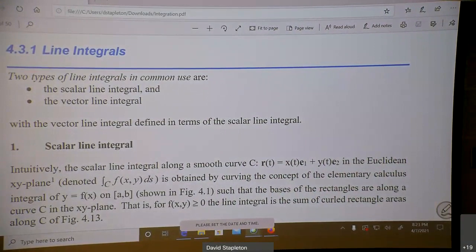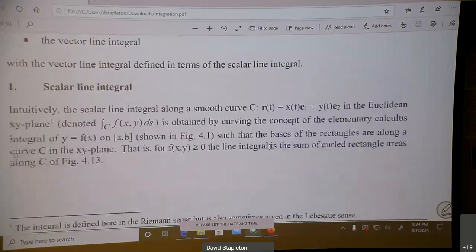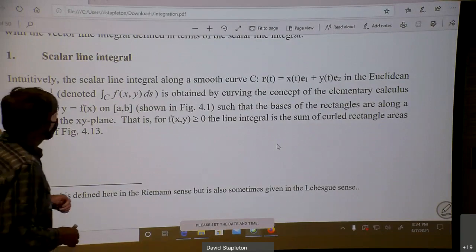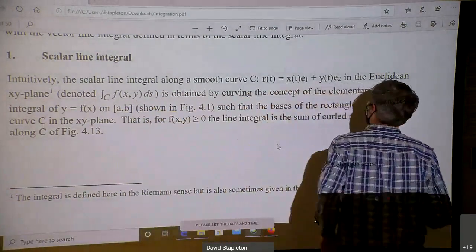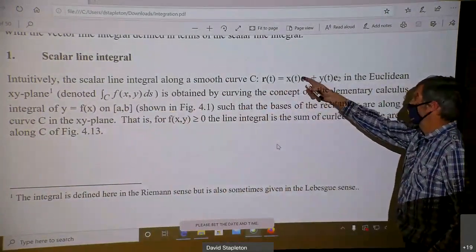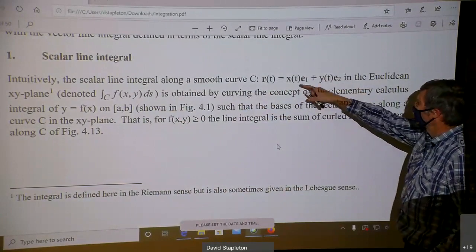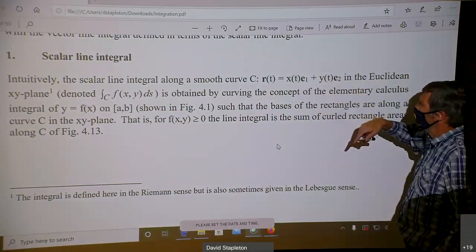So the scalar line integral is actually a nice, easy generalization of what you did in calculus 1, and it has this notation here. Intuitively, you're given a vector valued function, r of t, which is x of t times i, e1 for the elementary vector i, and e2 for the elementary vector j: x of t i plus y of t j.